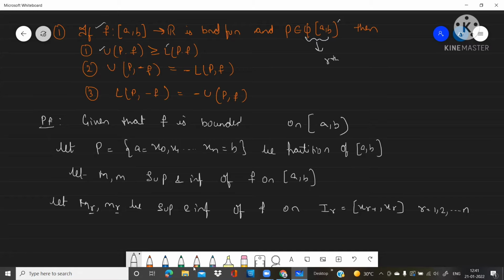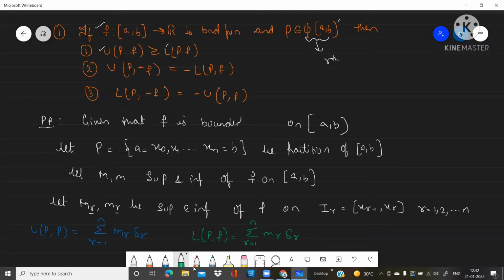Now by definition, what is U(P, f)? By the definition of the upper Riemann sum, U(P, f) is the summation r = 1 to n of capital Mr into delta r. And L(P, f) is the summation r = 1 to n of small mr into delta r.